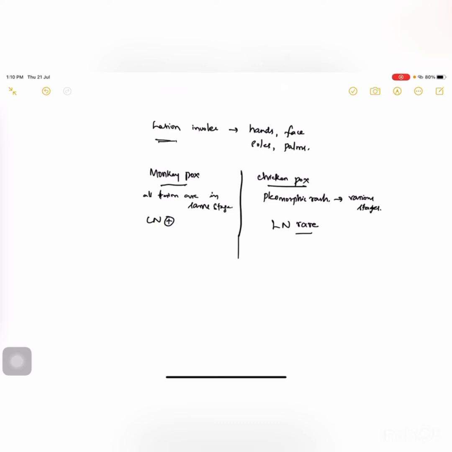The evolution of rash is fast in chickenpox. Here, evolution is slow.